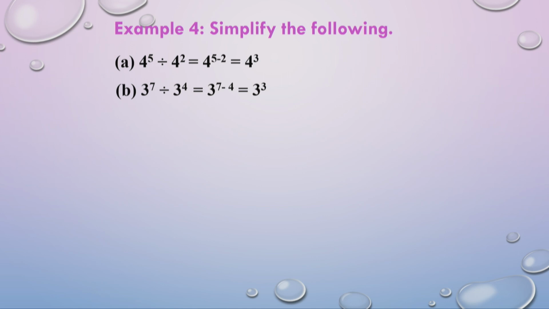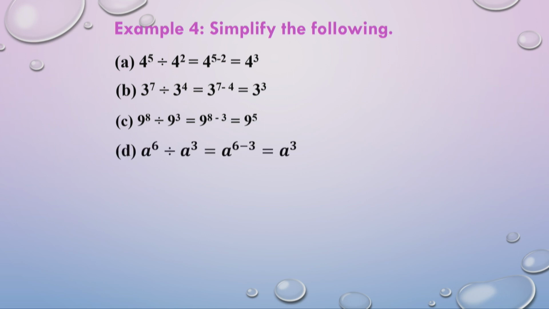That is 7 minus 4. 9 to the power of 8 divided by 9 to the power of 3 will give me 9 to the power of 5. That is 8 minus 3. Now a power 6 divided by a power 3 will give me a power 3. 6 minus 3, which is 3.